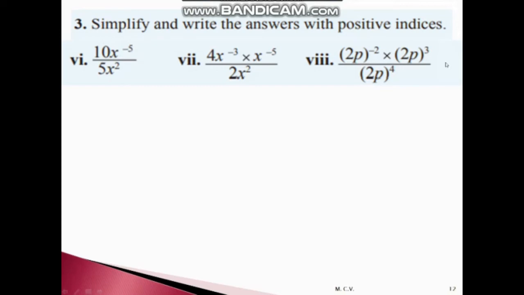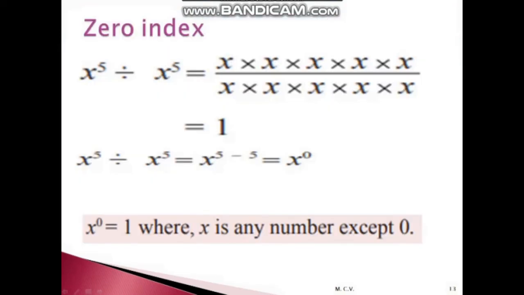Let's move to the next part, zero index. When the index is 0. Let's take two powers with the same index, x to the power 5 and x to the power 5. When we expand, the number of x's are equal. There are 5 x's in the numerator, 5 x's in the denominator. When we simplify, only 1 remains. Then the answer is 1.